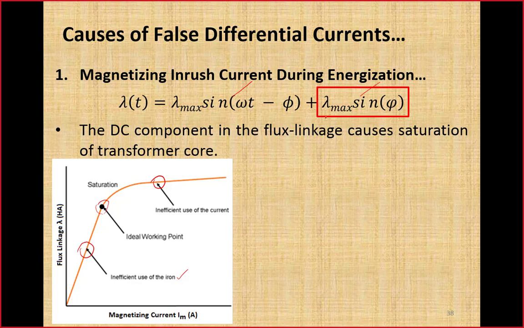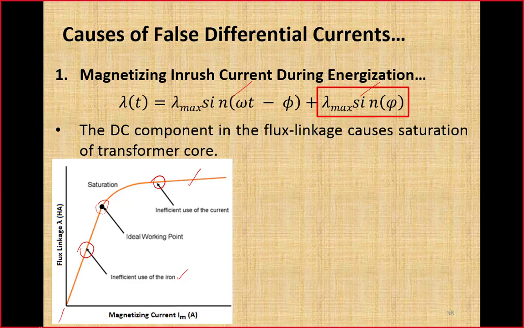This DC component will force the flux to enter into this saturation region. The transformer core gets saturated in either the positive direction or the negative direction, because if this DC component is negative, that may result in saturation in the negative direction. In the same way, these magnetic characteristics are extended downward in the third quadrant.